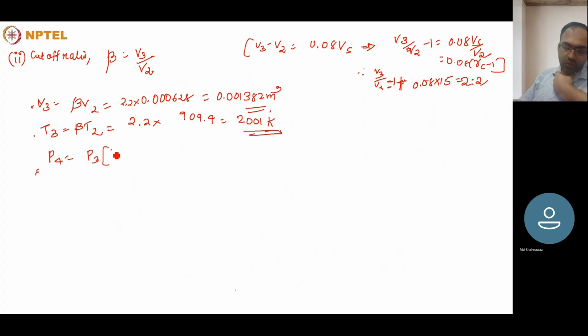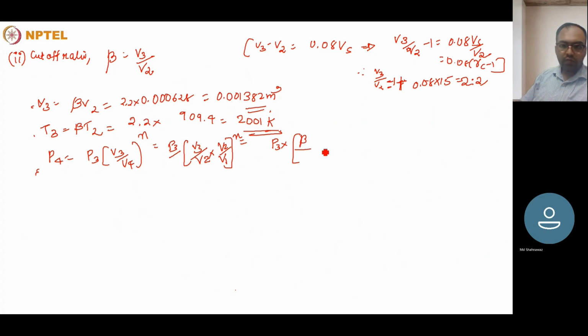P3 into (V3 by V4) the whole raised to gamma, which is equal to P3 into (V3 by V2 into V2 by V1), the whole power gamma. V3 by V2 is the cutoff ratio. V1 by V2 is the compression ratio. Gamma is 1.4.